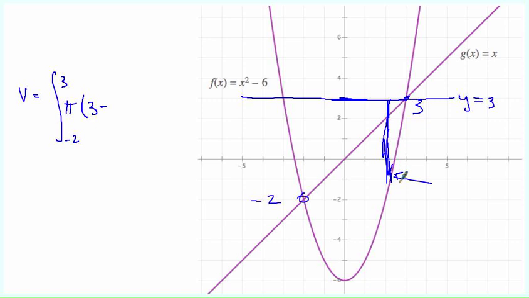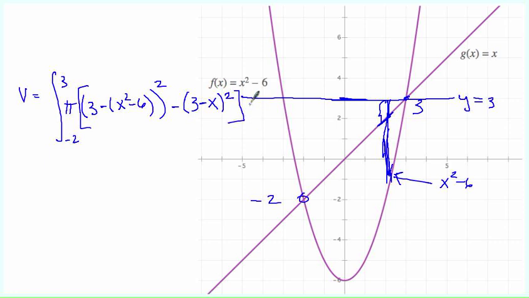But this y is x squared minus 6. So this is 3 minus x squared minus 6, and this goes squared. So I need a bracket over here. So the little r is only parentheses 3 minus, and this y is x. I close it, I square it, I make this bracket here, and this dx.